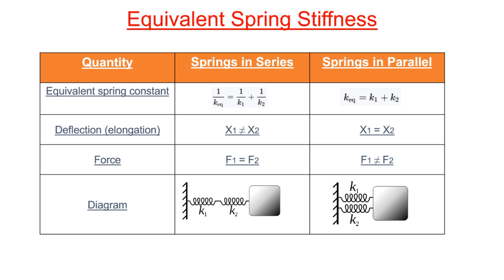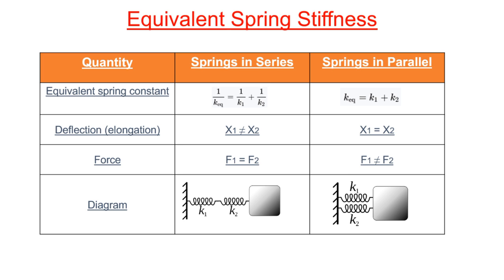Quantity, springs in series and springs in parallel. Equivalent spring stiffness or equivalent spring constant for springs in series can be found by formula 1 upon k equivalent is equal to 1 upon k1 plus 1 upon k2. For springs in parallel, it will be k equivalent is equal to k1 plus k2.